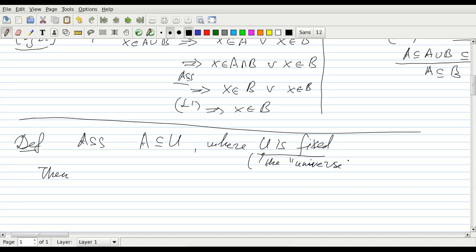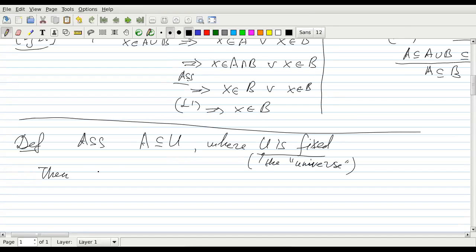It is just the set such that every set in our context is a subset of it. So something like when you are speaking about subsets of natural numbers, so as you can take the set of all natural numbers or something like that.